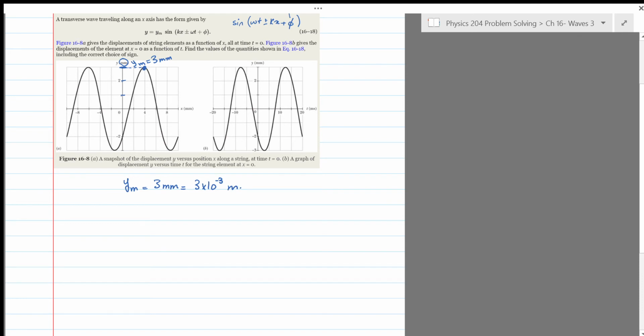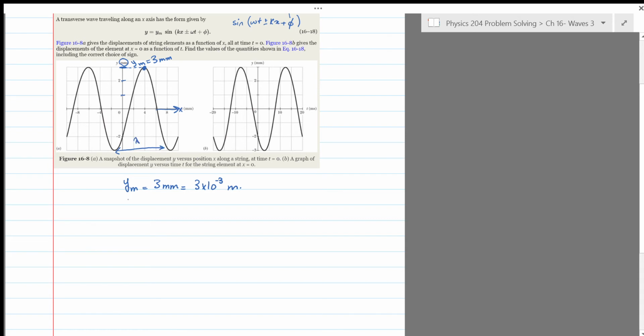The second variable that we can find is probably lambda from graph A. As you can see, graph A shows y as a function of x, and we said that whenever we have x or displacement on the x-axis, then the distance between two troughs or crests will give us the wavelength lambda.